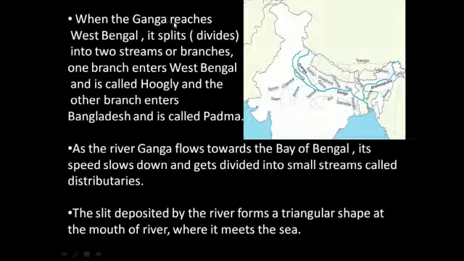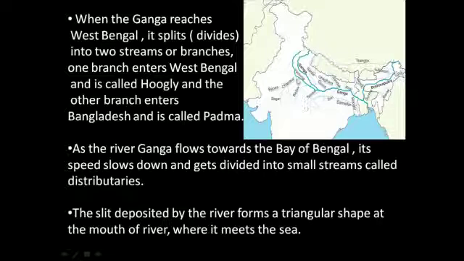When the Ganga reaches West Bengal, it splits. Splits means divides into two streams or branches. One branch enters West Bengal and is known as Hooghly, and the other branch enters Bangladesh and is called Padma. As the Ganga flows towards the Bay of Bengal, its speed slows down and it gets divided into small streams called distributaries.